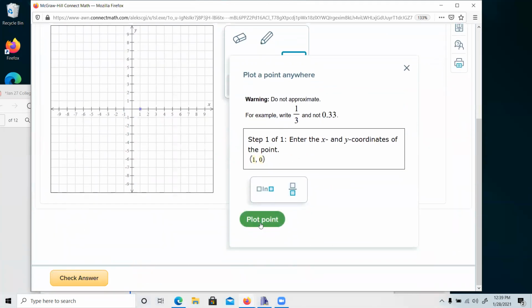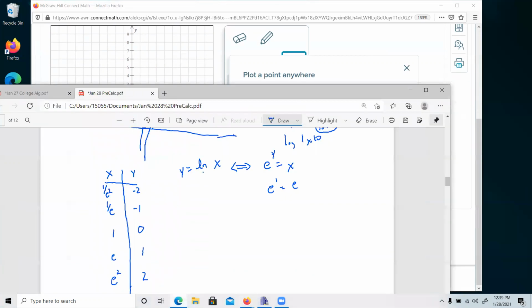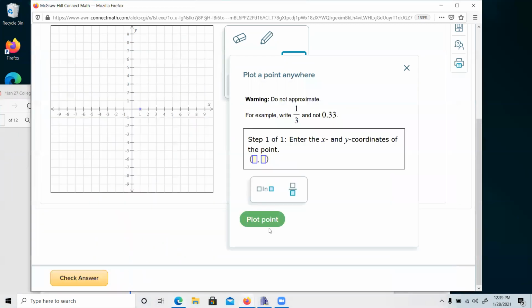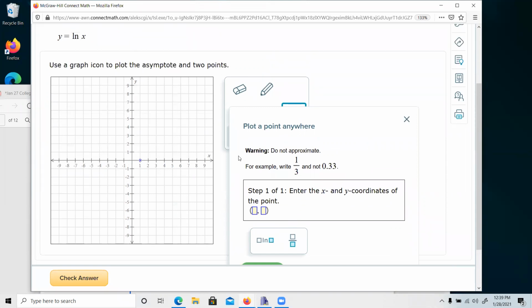And then what did we say for y? We wanted x is e, and then y is 1. Let's see if it lets us do it. It doesn't let us do it. I pressed an e here, and it didn't like it.